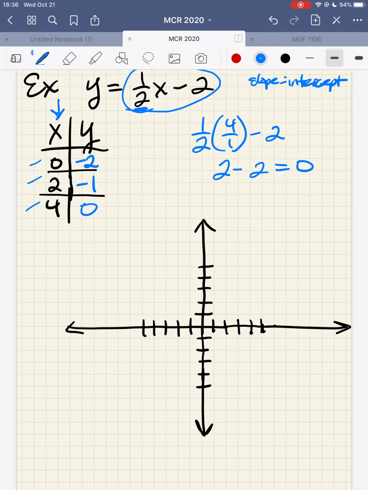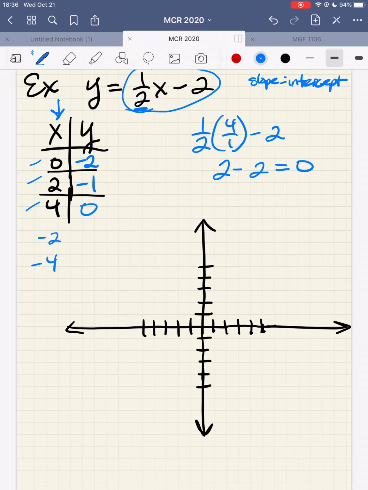Anytime I use the denominator or multiples of the denominator, it allows me to get a whole number. So other numbers that would have been good with this would also be negative 2, negative 4, etc. Any even number will allow me to cancel out that fraction and make it a whole number, making my life easier and making it easier to graph.